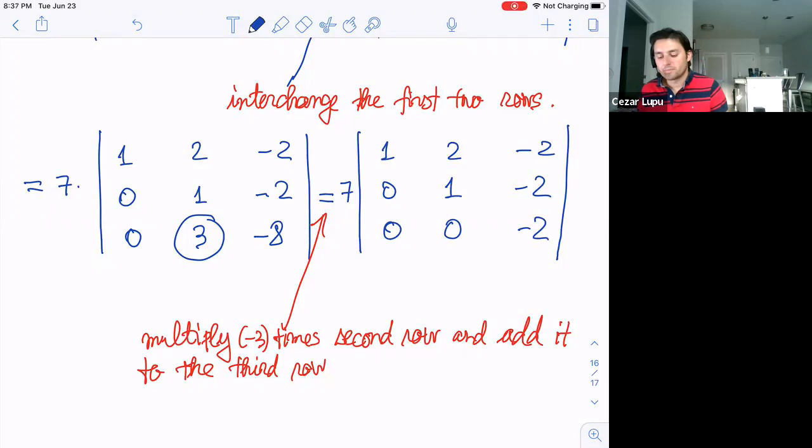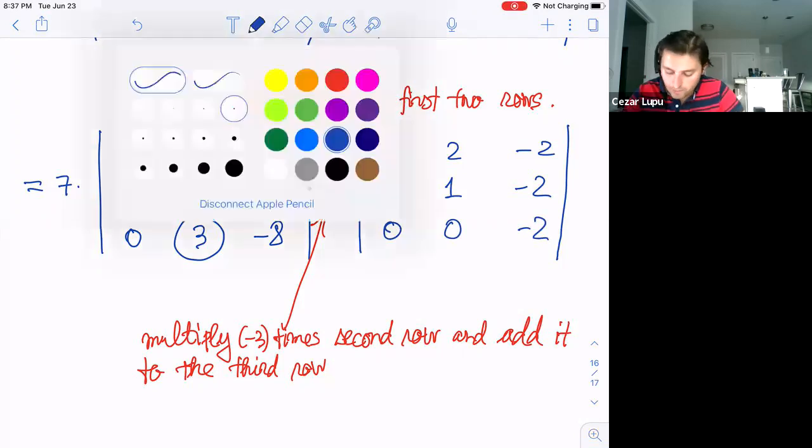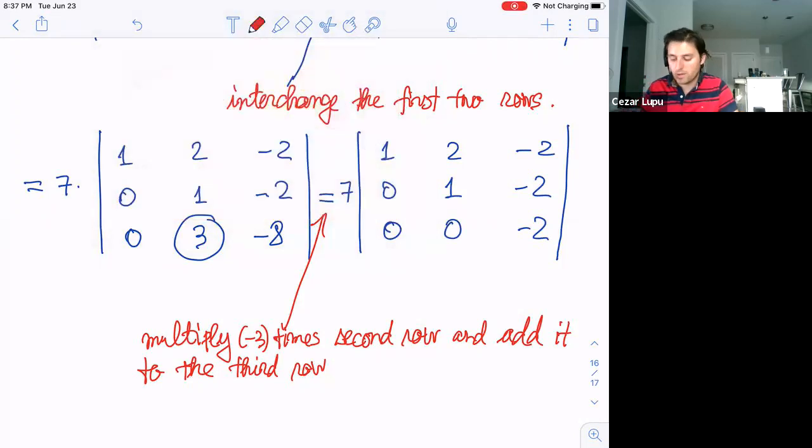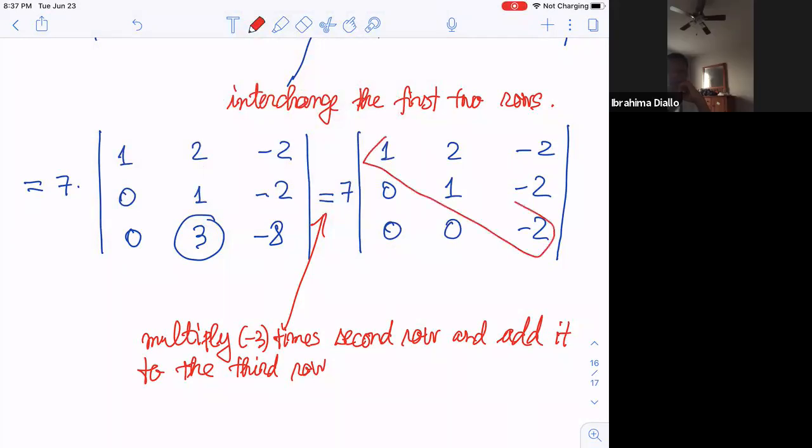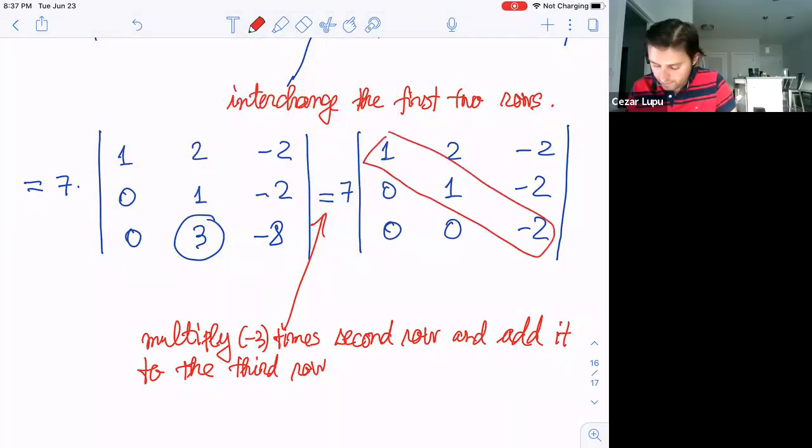Right? What do you think about this now? Can you see something about this matrix? Yeah, it becomes upper triangular now. It's upper triangular, so all the entries below the main diagonal are 0.